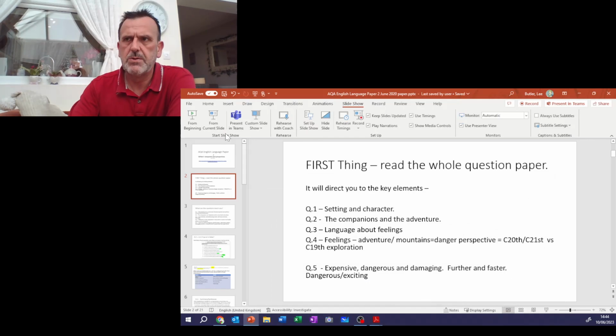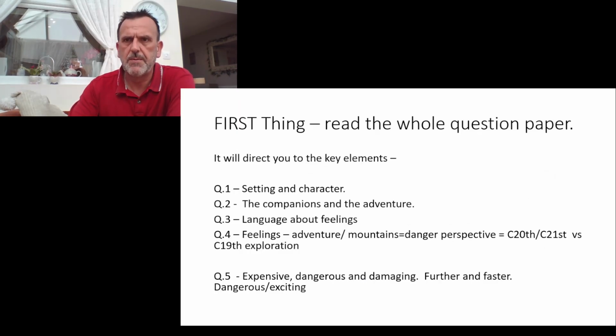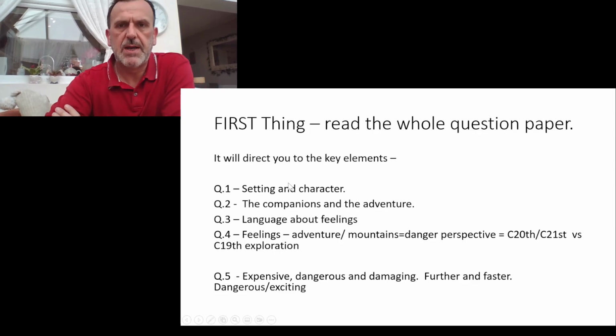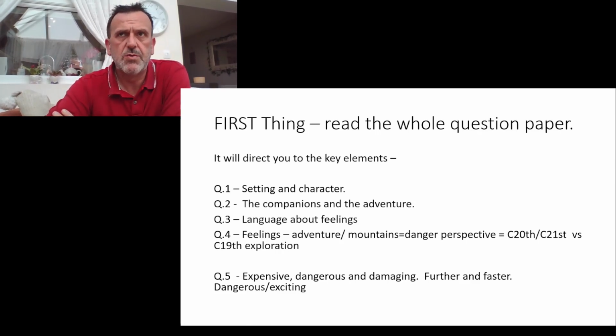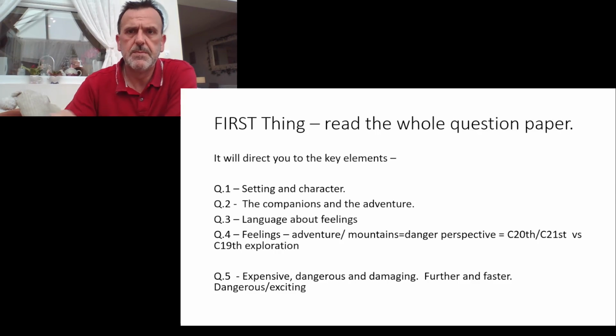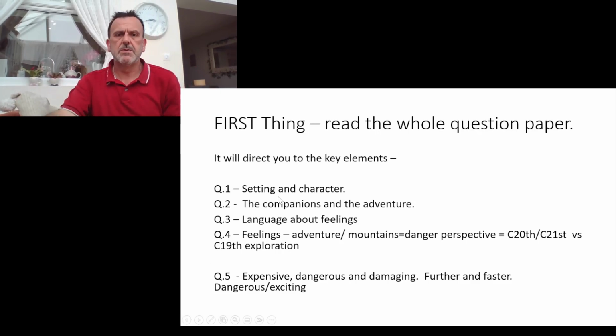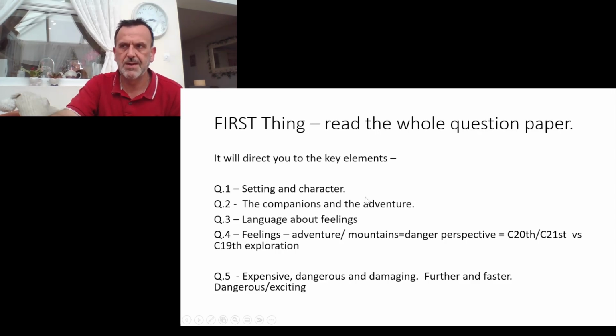So if we go back to the PowerPoint, you've been directed to the key elements of setting and character. You've got people in an extreme situation. So that is going to be integral to it. Question 2, it's asking you to look at the companions. So they are going to be an essential part of it. The feelings, because there's going to be a built-in extreme situation.